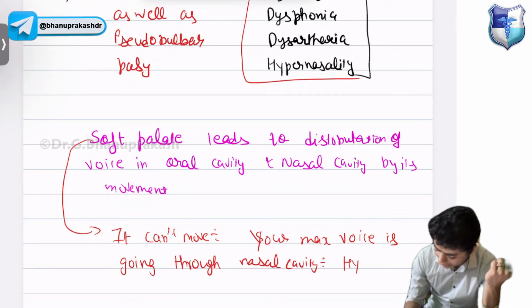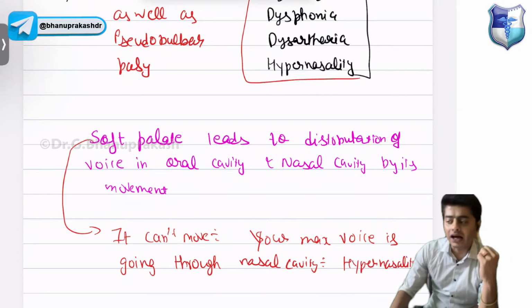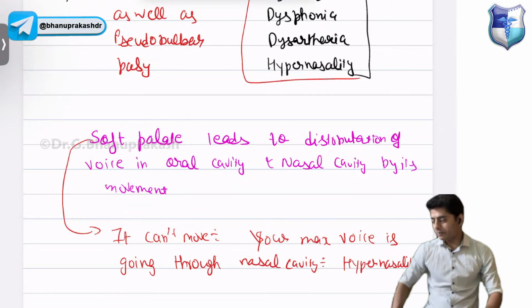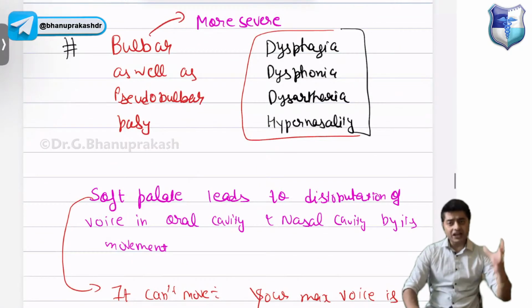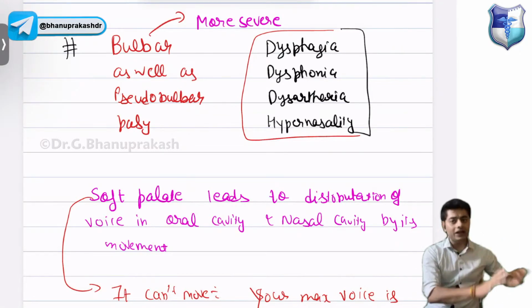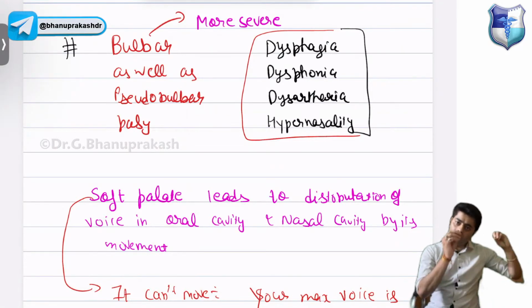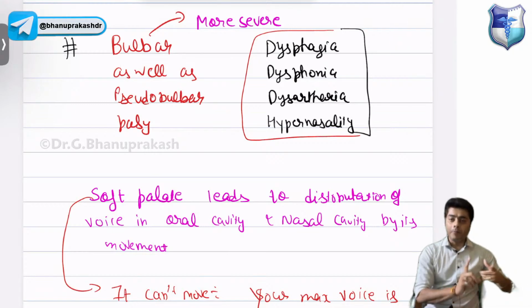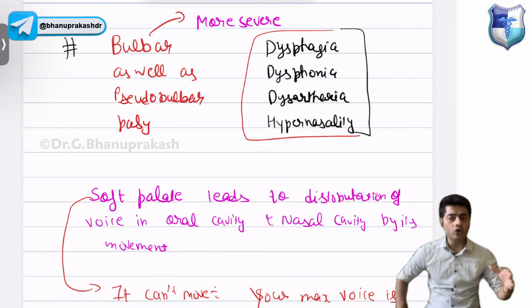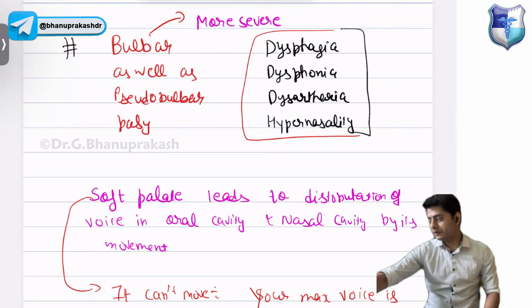That's why there is hypernasality. Okay, everyone, got this concept? Your dysphagia, dysphonia, dysarthria, and hypernasality will be present in both conditions, but it will be more severe in bulbar palsy as compared to pseudobulbar palsy. Okay.